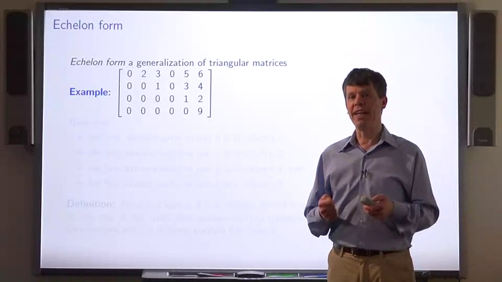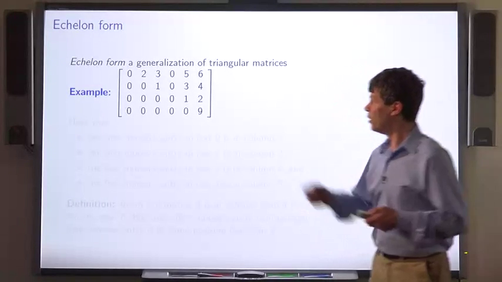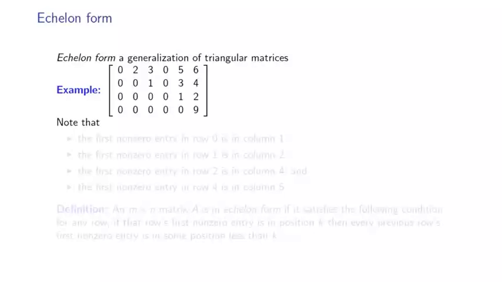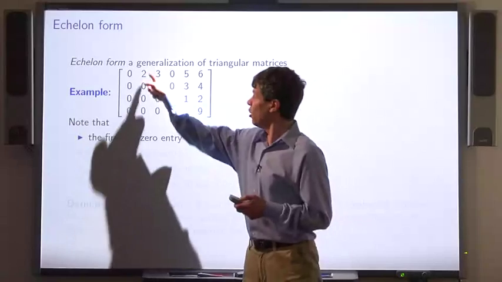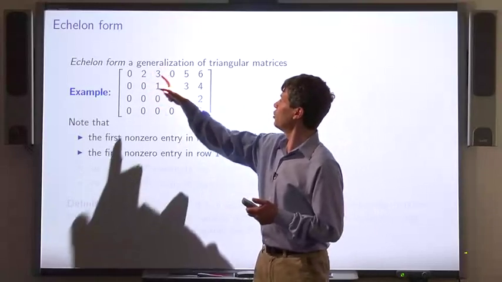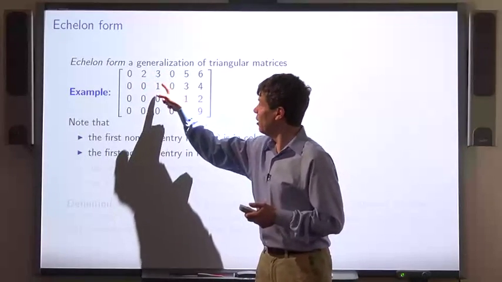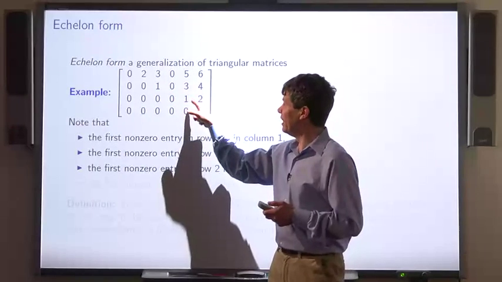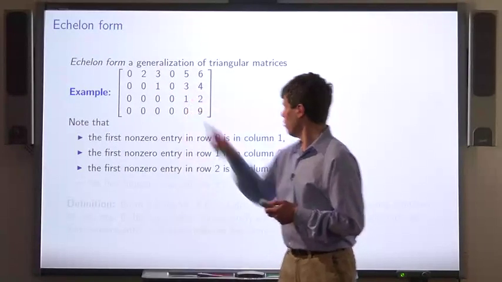The method is based on the idea of echelon form. Now, here's an example of a matrix in echelon form. Notice that the first non-zero entry in row 0 is in column 1. The first non-zero entry in row 1 is in column 2. The first non-zero entry in row 2 is in column 4.